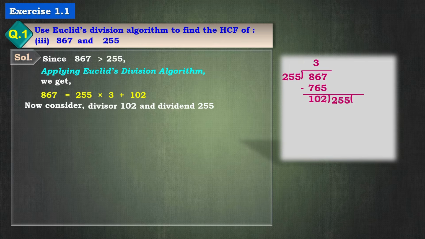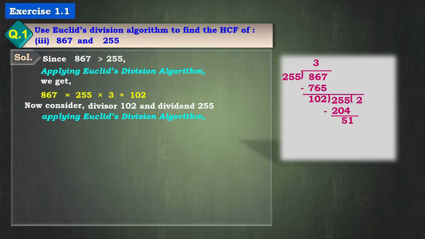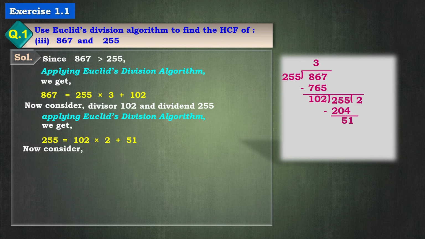So now let us divide it. 102 times 2 is 204, remainder will be 51. Again applying Euclid's division algorithm, we get 255 equals 102 into 2 plus 51. This process we keep doing until we get the remainder as 0.